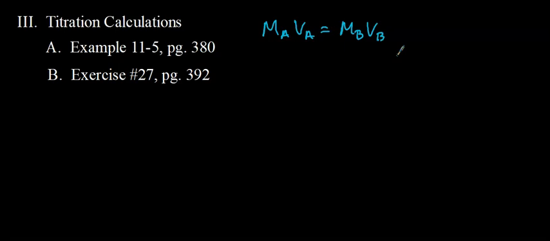By the way, when you multiply the concentration of a solution by its volume in liters, what does that give you? That gives you moles, is equal to the concentration of a base times the volume of a base. When you multiply the concentration of the base by the volume of a base, what does that give you?